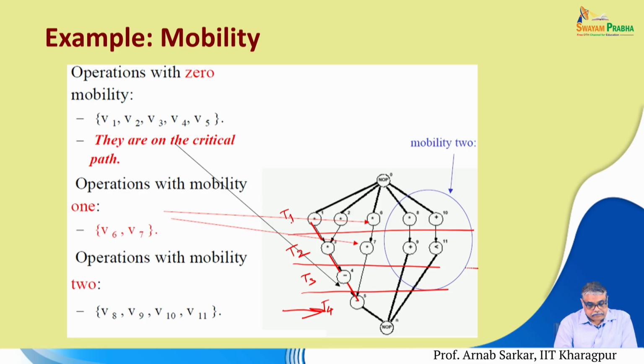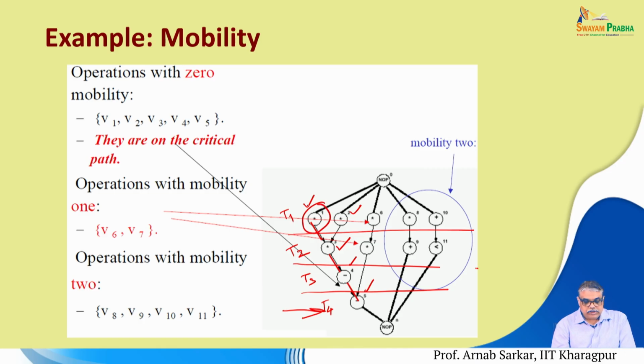So what do we have? If we have a constraint of 4 time units, then V1, V2, V3, V4, V5 all have mobility 0, they cannot be moved. It means you must schedule node 1 at time step 1.